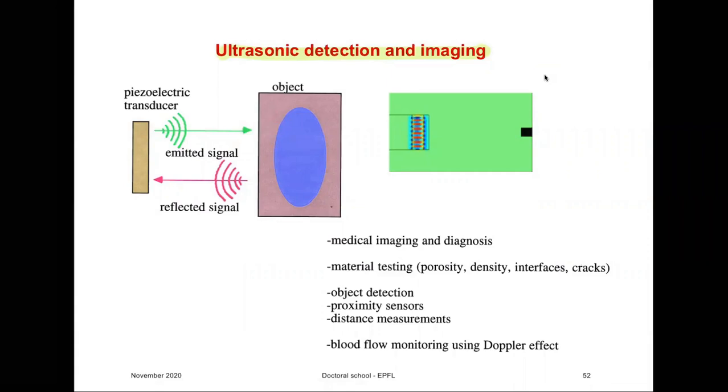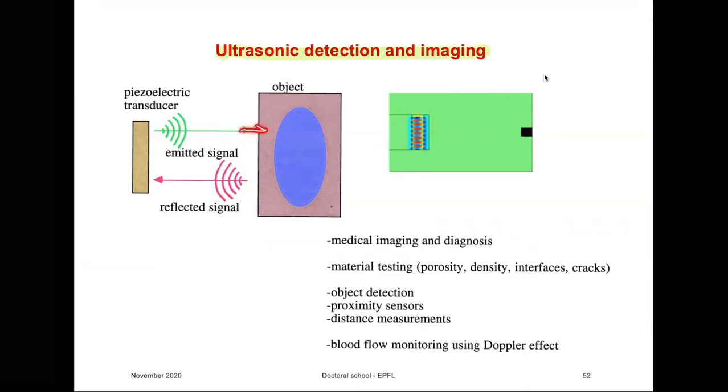In medicine, for example, to see a baby, or presence of cracks in some bridge, in a piece of metal, presence of porosity, corroded surfaces, and so on. In medicine, you can also detect foreign bodies, you can detect cancer, and so on.